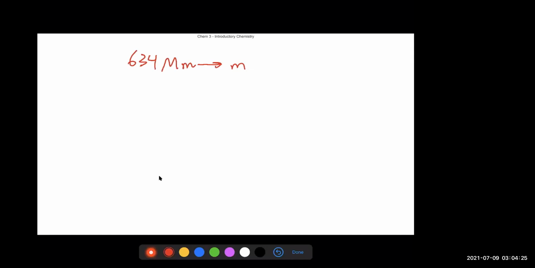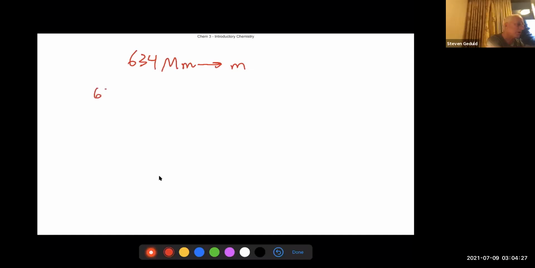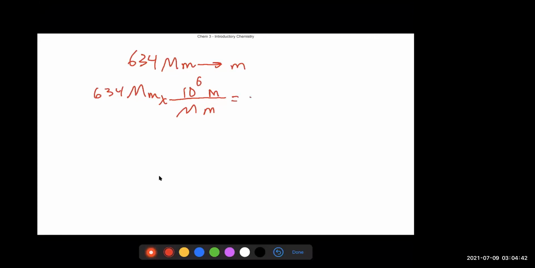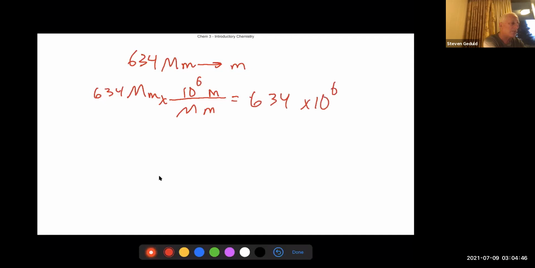Okay, so 634, what you're starting with, megameters, goes on the bottom, meters go on top, and mega is 10 to the 6, right? So it's equal to 634 times 10 to the 6 meters.